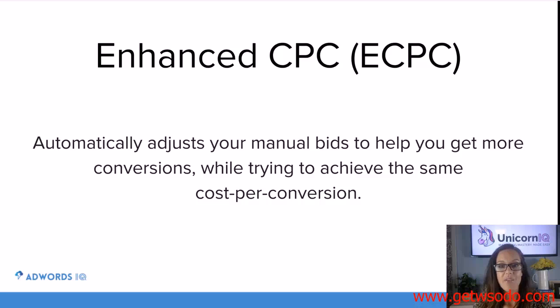eCPC used to have a 30% bid adjustment cap, but this was removed in, I think it was mid 2017. This means that your bids can fluctuate a lot, so you really have to watch it pretty closely.